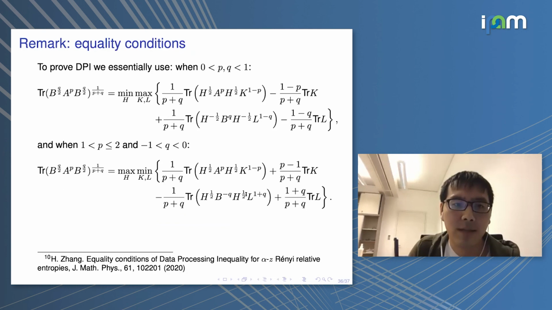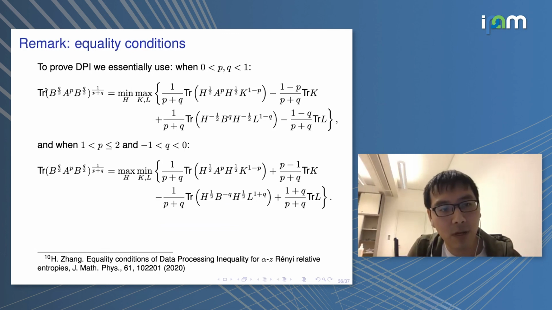The second remark is on the equality conditions. Essentially, we prove the data processing inequality for D alpha z based on the following variational formulas. For P, Q between 0 and 1, we have this minimax formula for the trace functionals inside the alpha-z Rényi relative entropy, and for P between 1 and 2 and Q between -1 and 0, we have these max-minimum formulas.